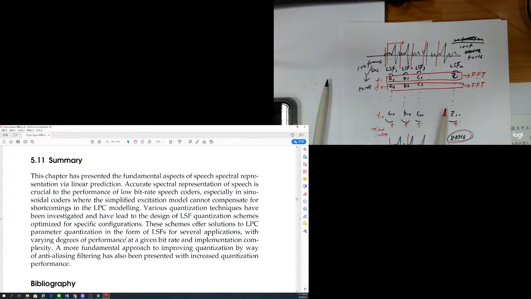So in this chapter, one special issue you maybe haven't faced before is the anti-aliasing filter, because we are using line spectrum pairs. Line spectrum frequency is like a sample from your speech frame, more like a sample series.